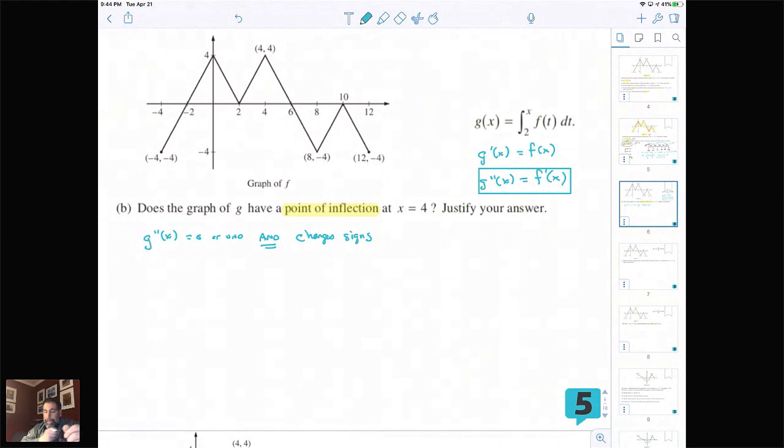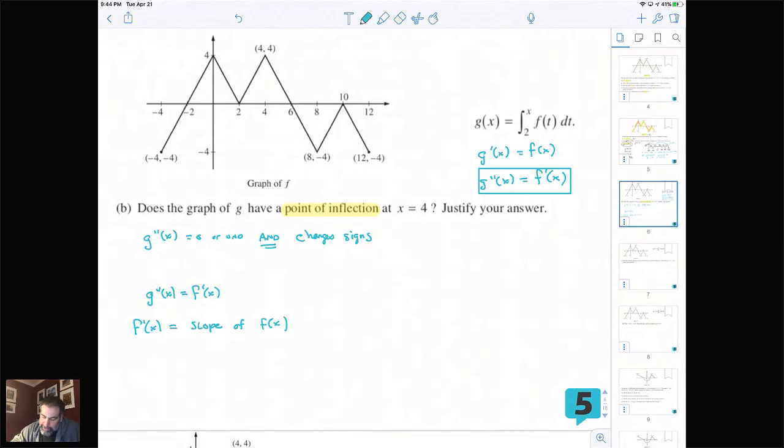So what I want to do now is make another number line, but this time I'm making my number line for g double prime of x, which equals f prime of x. Now I want to go one step further with you on this. f prime of x is equal to the slope of f of x, okay?